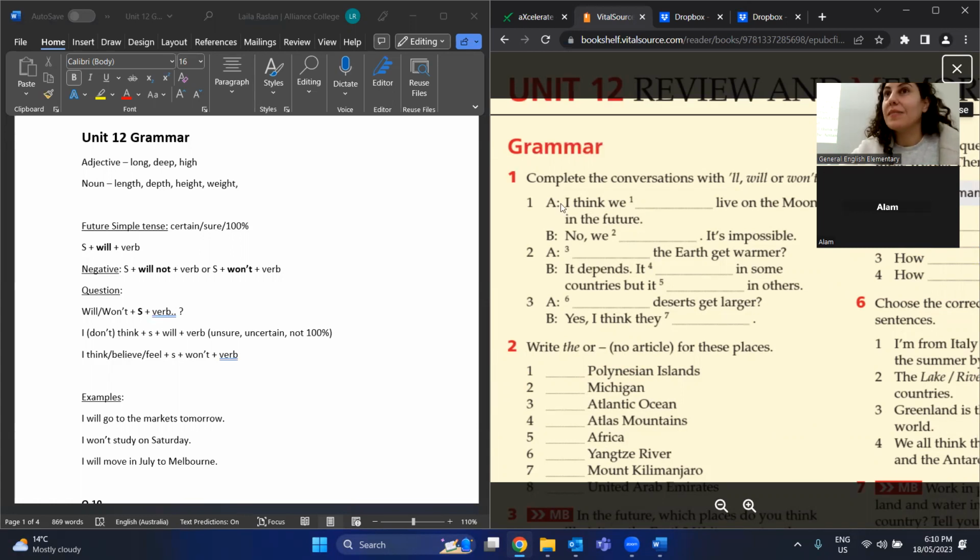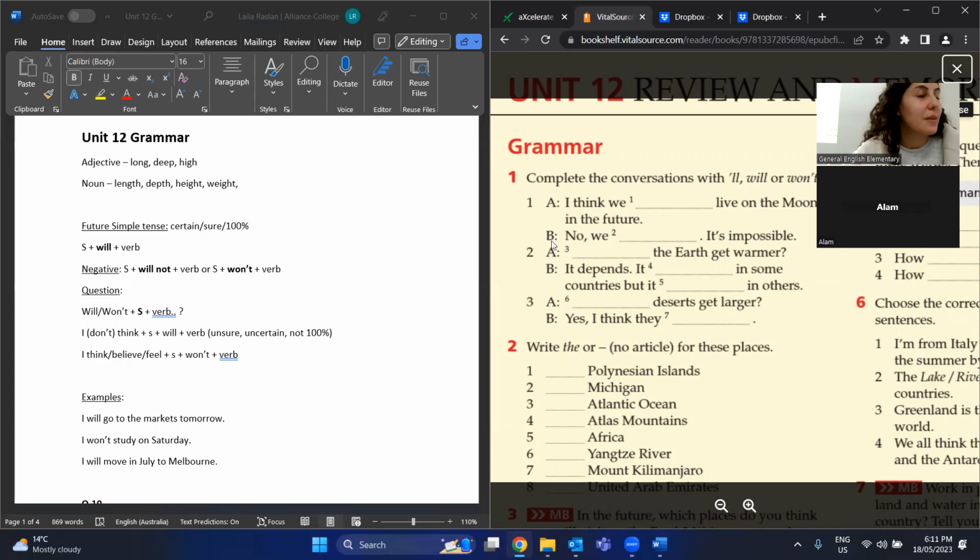So A, Joanna: I think we will live on the moon in the future. So that's a good future sentence. It's saying I think, subject, verb, we will, verb.